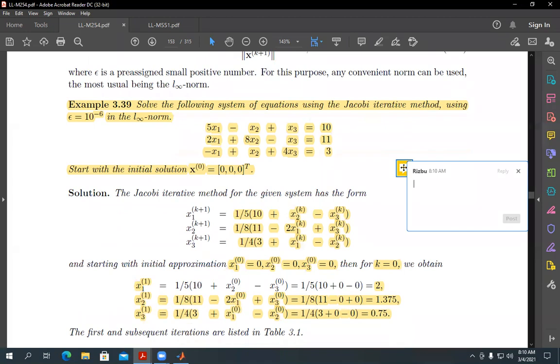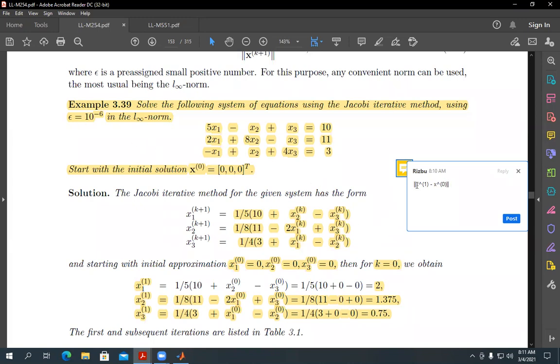You have the formula for the norm, L infinity norm, of x1, which you just calculated, minus x0, which is given by the teacher, and the condition of the norm is given as 10 to the power minus 6.